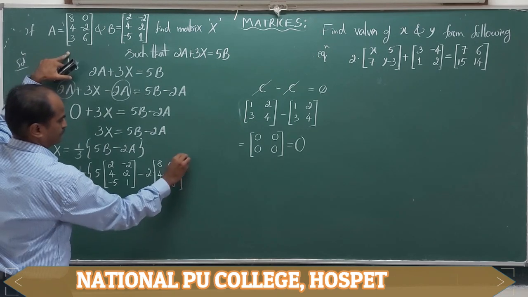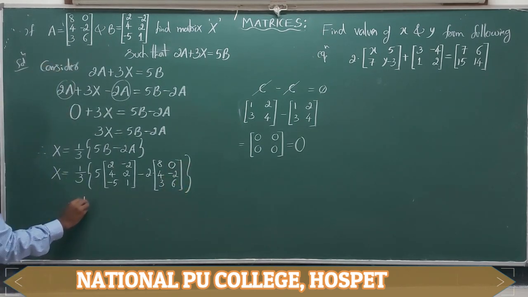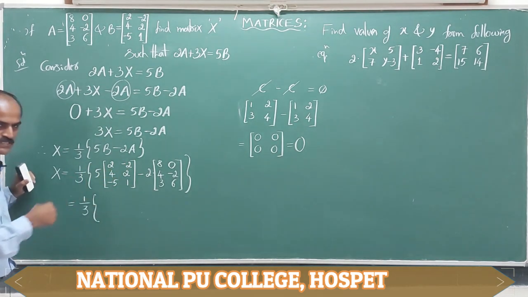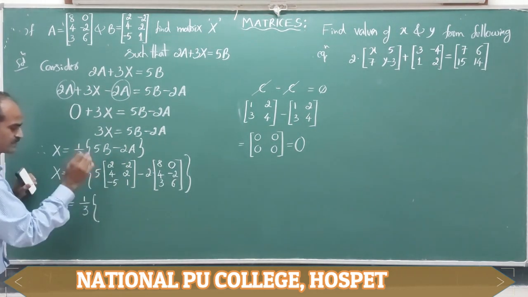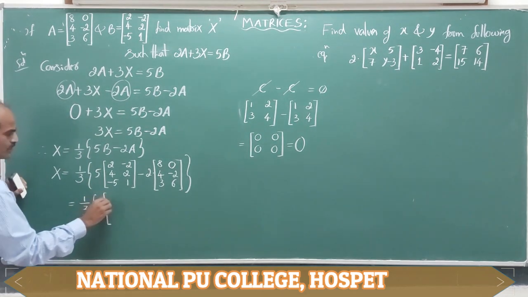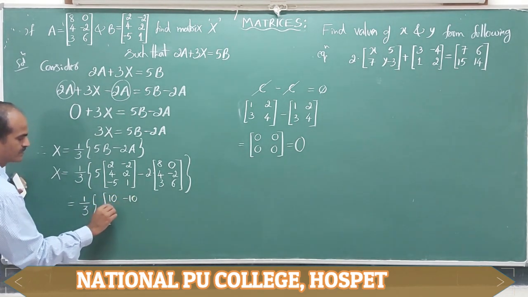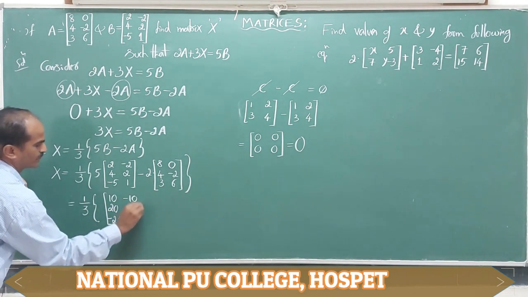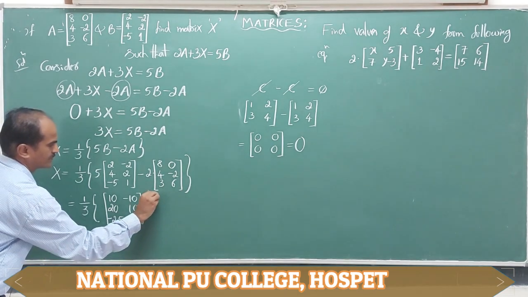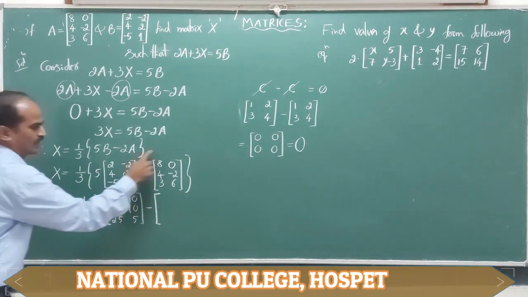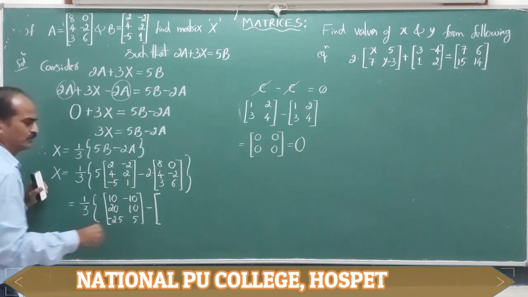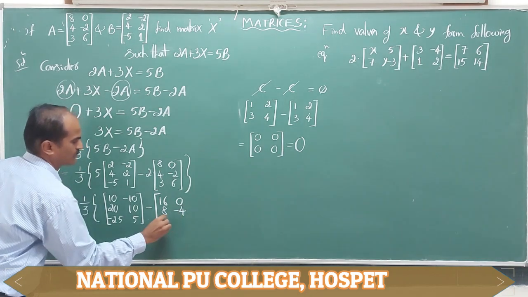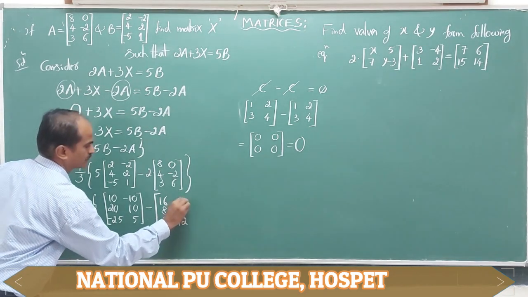That is 1 by 3 times... Now 5 times this matrix, scalar multiplication of a matrix: multiply all these elements by 5. So what you get is 10, minus 10, 20, 10, minus 25, 5. Minus 2 times this matrix, multiply all the elements by 2. It is 16, 0, 8, minus 4, 6, 12.